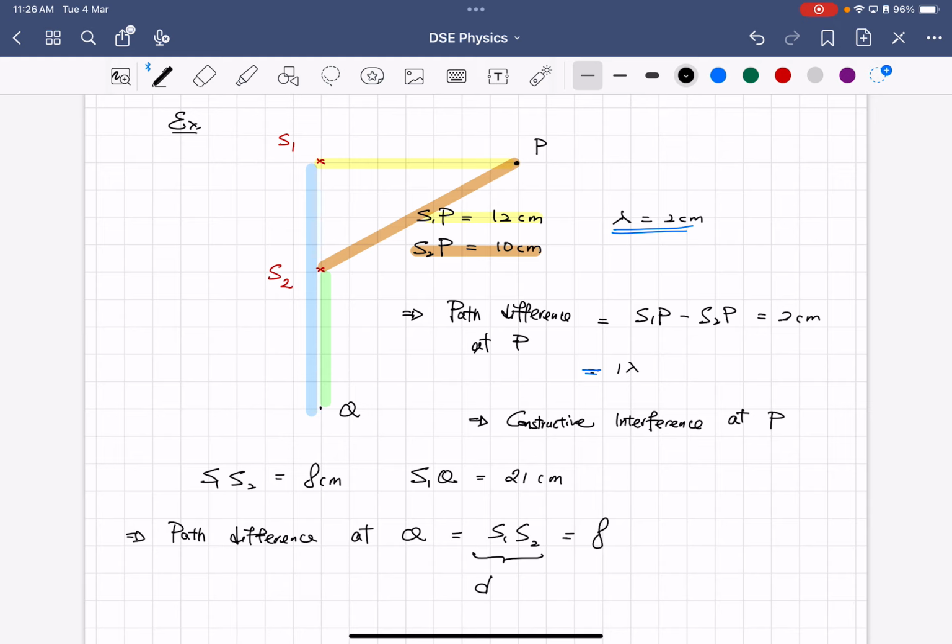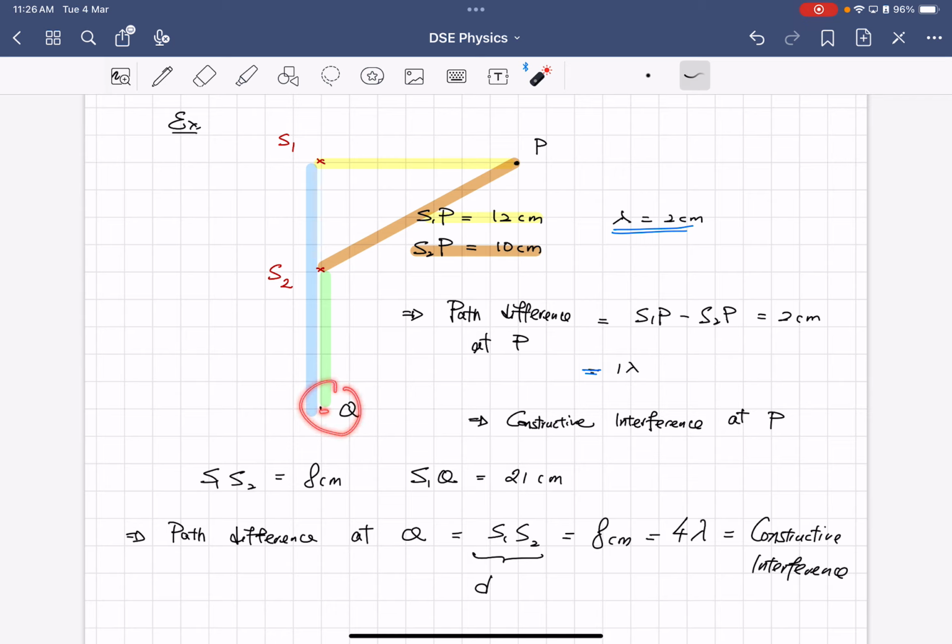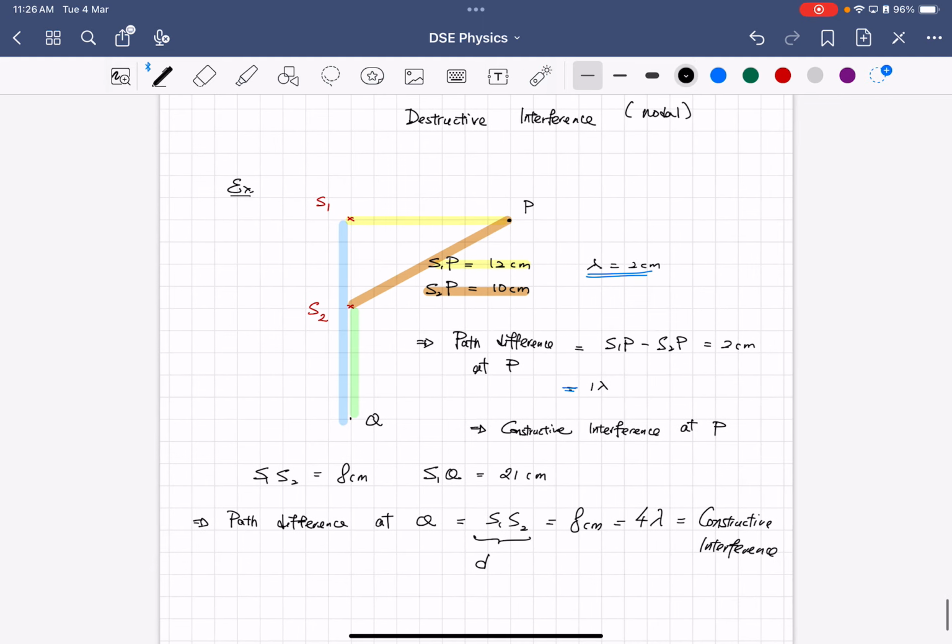So this is equal to 8 cm, and this is 4 lambda here. Therefore, you have constructive interference at this point Q. This is one way they can test you on interference using path difference.